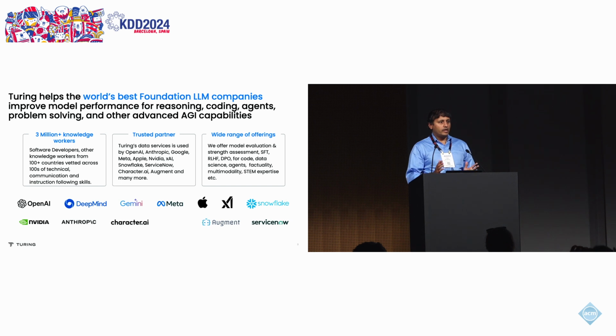We vet them very thoroughly for a range of technical and non-technical skills. And as a result, we have a very detailed profile of them and what their specific competencies are. We work with the who's who. You can see all the big names on this slide in terms of human data for expert areas. And we help with human data for a whole bunch of areas, including evals, SFT, and RLHF.